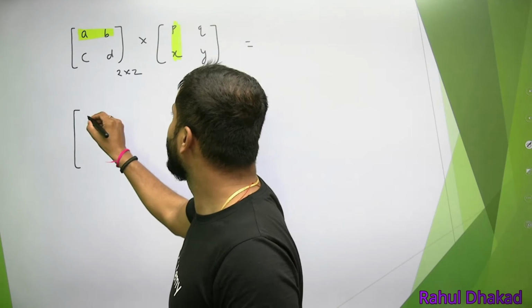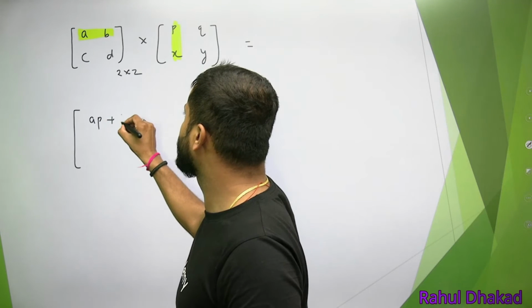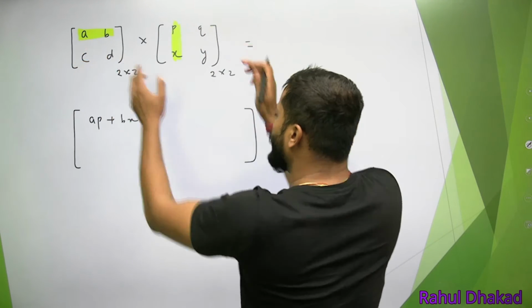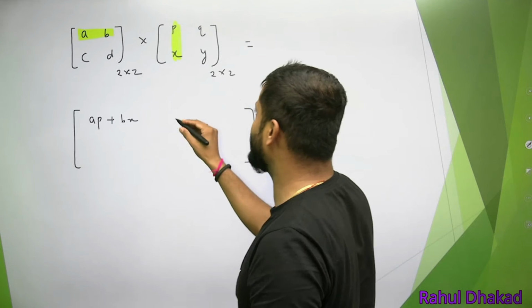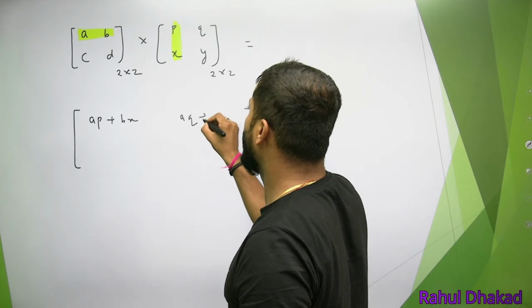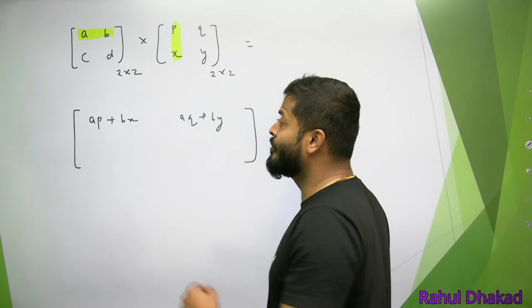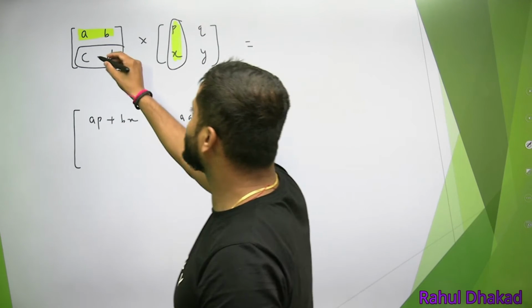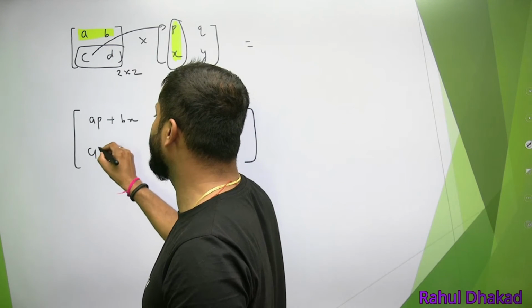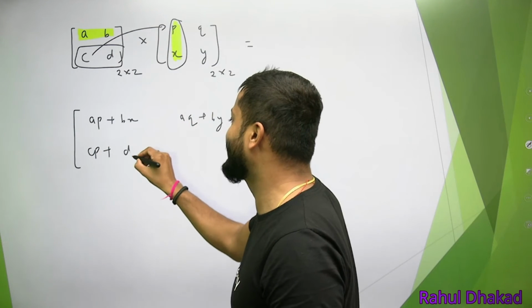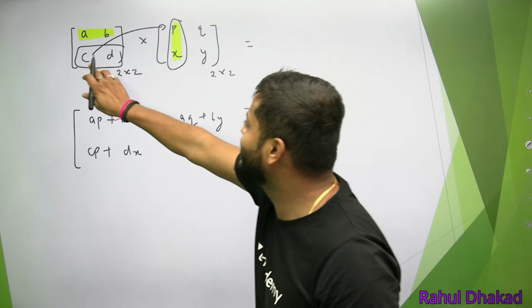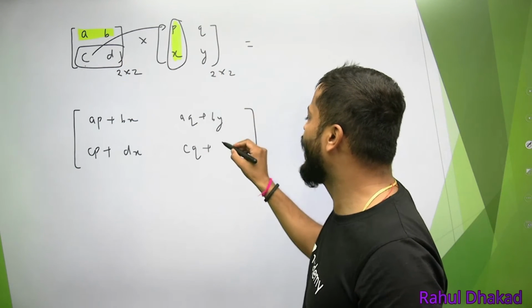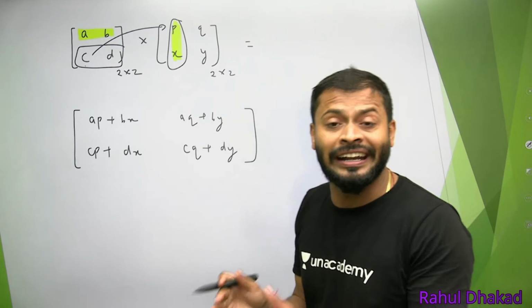That will make it ap plus bx. Then we are going to multiply this a with q in order to get this term. It means aq plus by. Then we are going to multiply this c d with this p x, isn't it? So c into p, that is cp, plus d into x, that is dx. Now this c will be multiplied with q and you will get cq plus dy. I hope you are getting it, right?